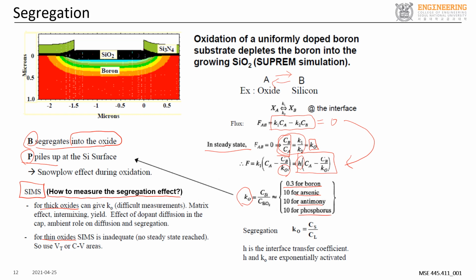So for thick oxide, you can use SIMS to figure out the segregation effect. But for thin oxides, it's better to use threshold voltage measurements or even CV measurements. It's less direct than SIMS, but for thin oxides, these are the only methods you can use to characterize the segregation effect.